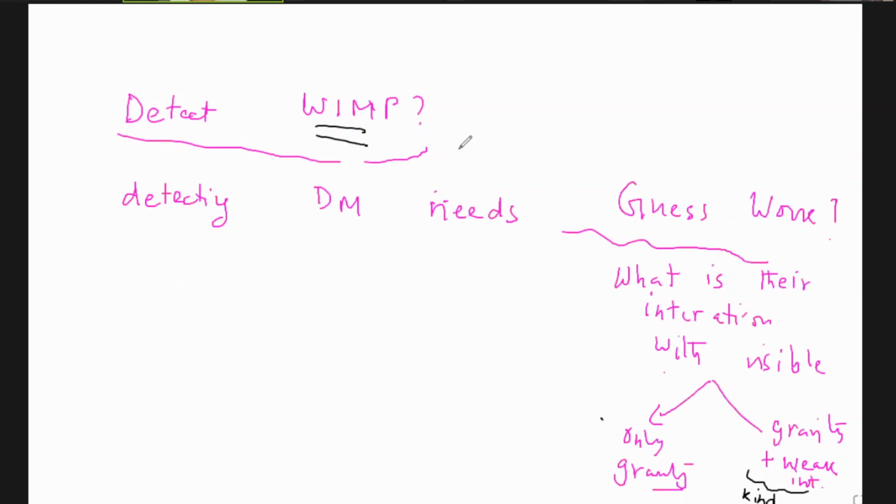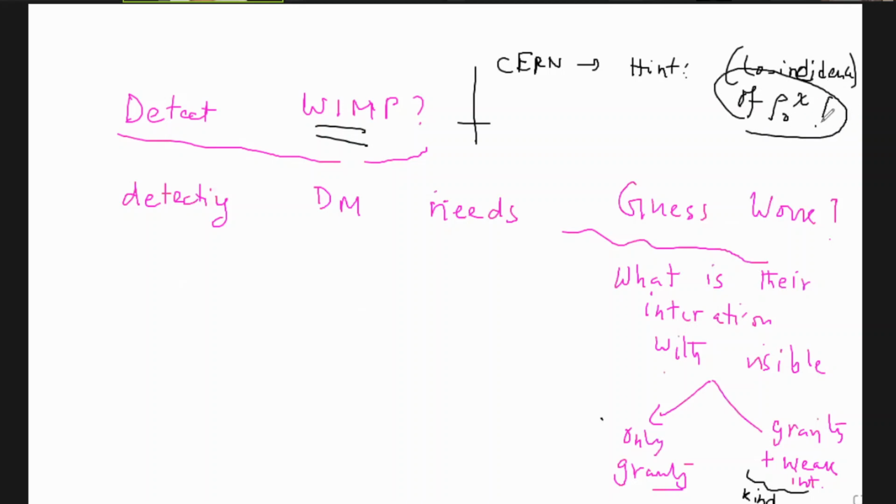And WIMP dark matter, as I told you, maybe people thought from CERN, Switzerland particle physics, the hint or the coincidence of rho naught, I just said to you, that they were not looking for that rho naught X, they were looking for Higgs physics, but they got luckily an amazing coincidence: with the same thing that Higgs physics is giving, I am getting a dark matter particle with the exact number density people need in cosmology.